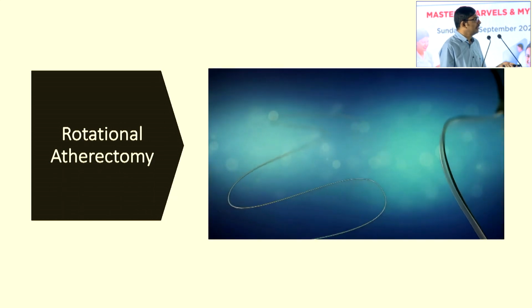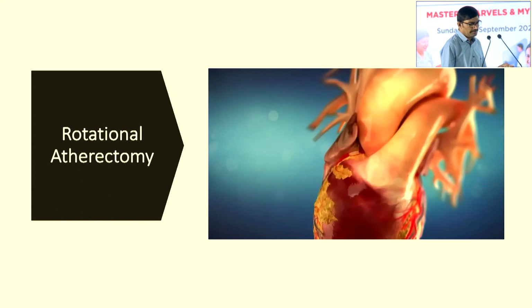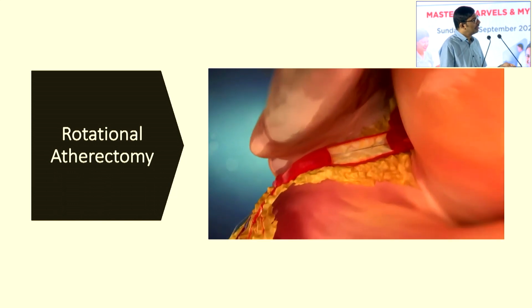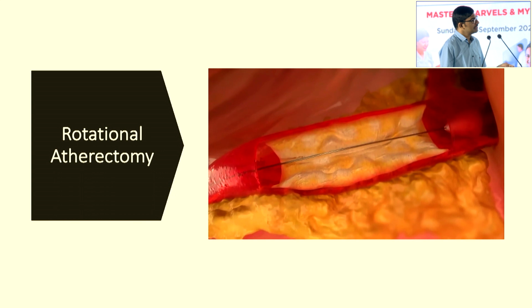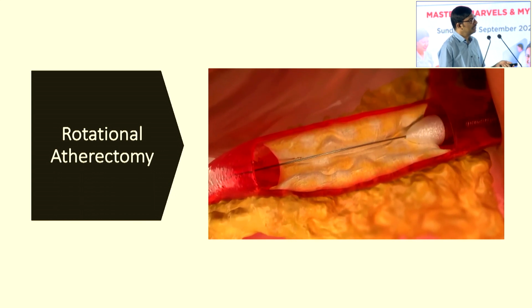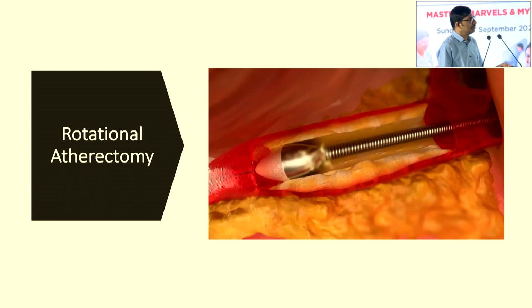So this is a technology called rotational atherectomy. It literally removes, just see, it is called atherectomy. You can just see that. This is a burr with diamond chips on it. You can just see the small protruding diamond particles, and it rotates at about 1,80,000 rotations per minute, RPM, 1,80,000.